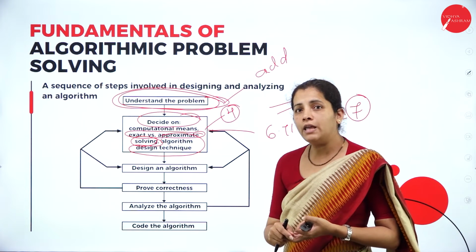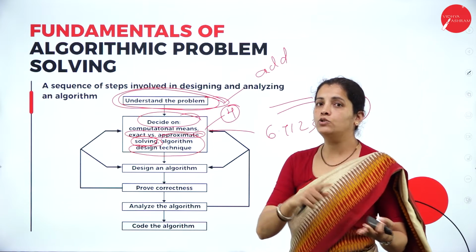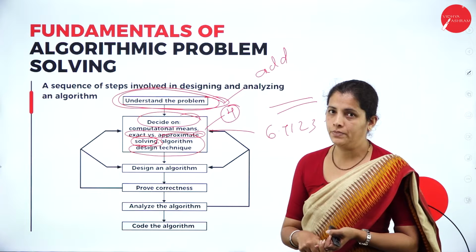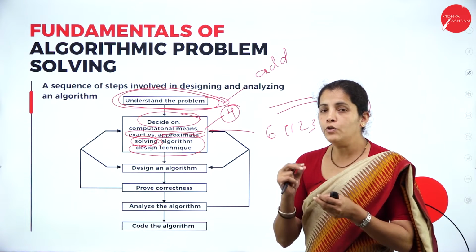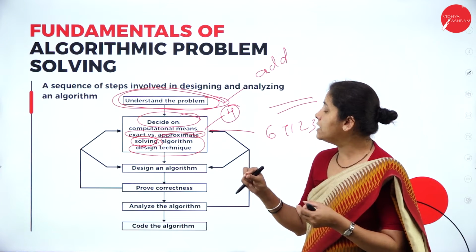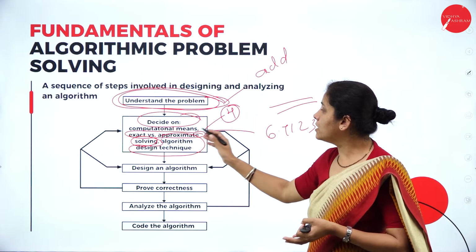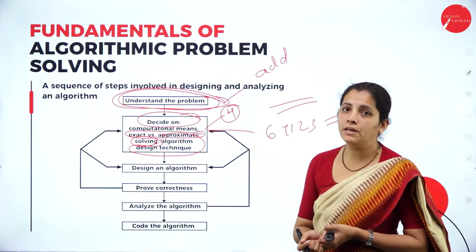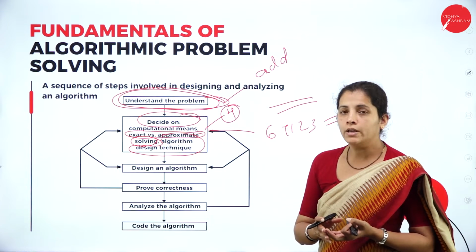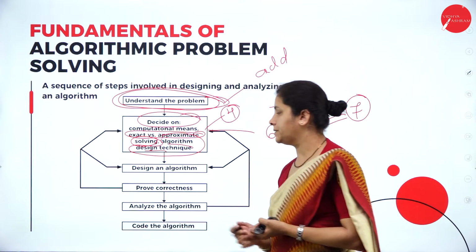Instead of that, if I use pseudocode, it's a combination of natural language as well as programming language. So a few members may be able to understand the pseudocode. Another algorithm design technique is the flowchart, which represents the problem in terms of pictures. These are the algorithm design techniques.